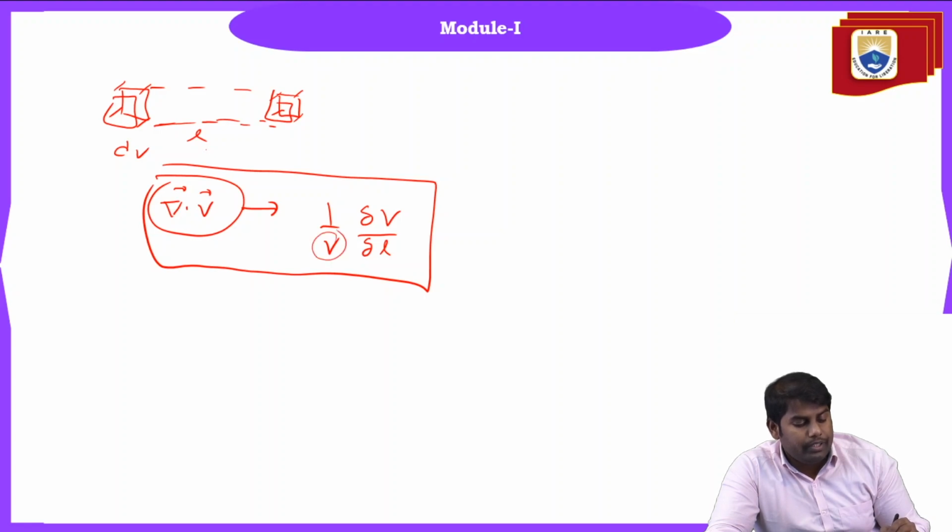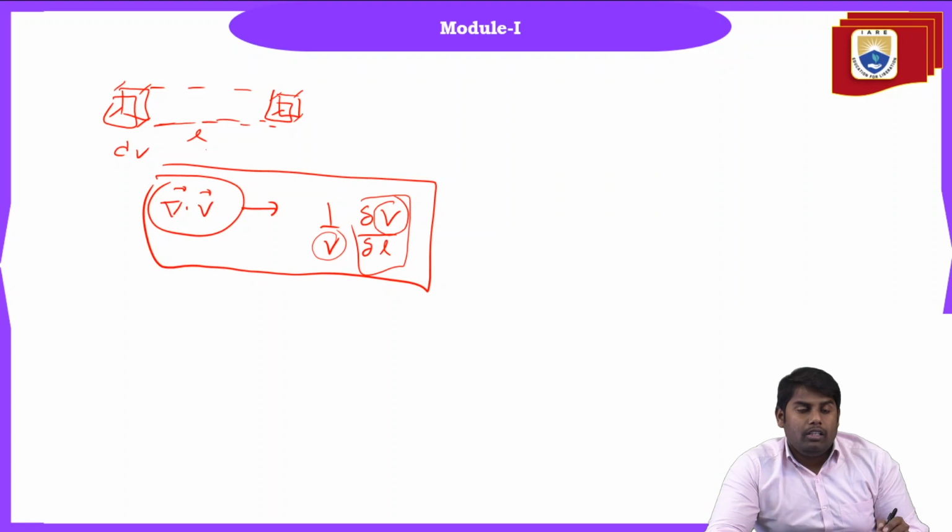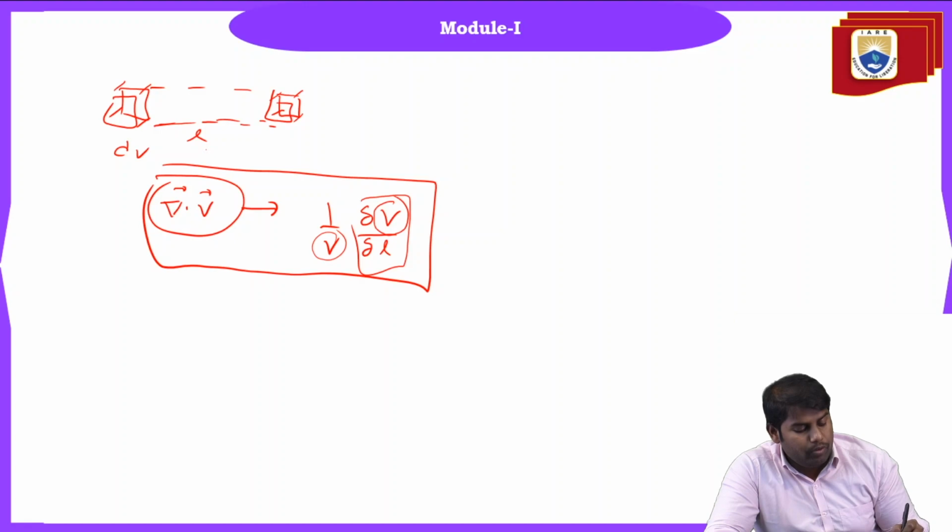The volume changes, and here it decreases, and here the change in volume per unit length can be seen clearly. So in this way, the divergence is helping to visualize the flow with respect to change in volume per unit length.